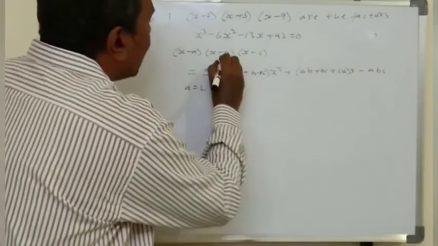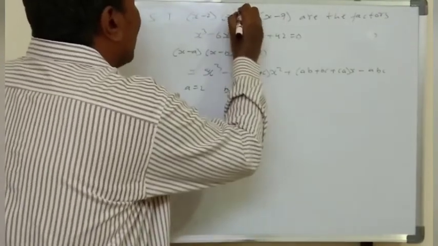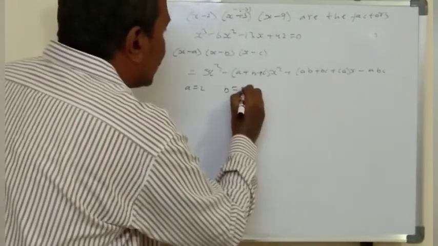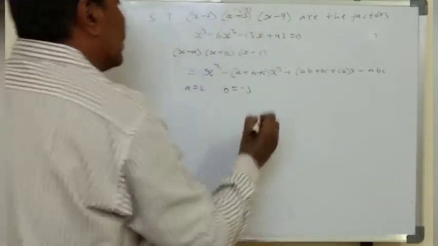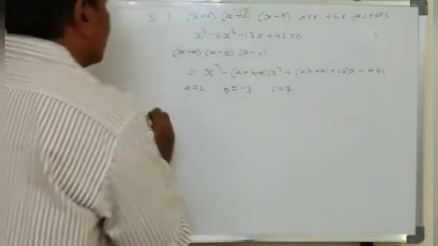b is equal to, actually here x plus 3 is there. So what we have to write? This can be written as x minus of minus 3. That means b is equal to minus 3. Minus of minus 3 is plus. So what about c? c is equal to 7. Substitute.